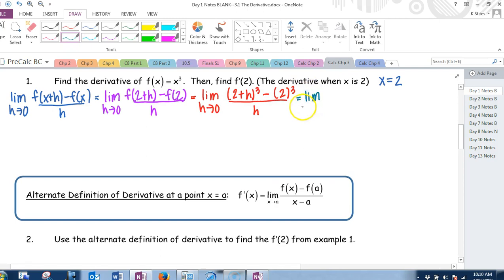Alright, so basically for time's sake here, you would FOIL this 2 plus h cubed out, or you could use binomial theorem, or however you want to do it, but what you're going to end up getting is h cubed plus 6h squared plus 12h plus 8 minus 2 cubed, which is minus 8, all over h.